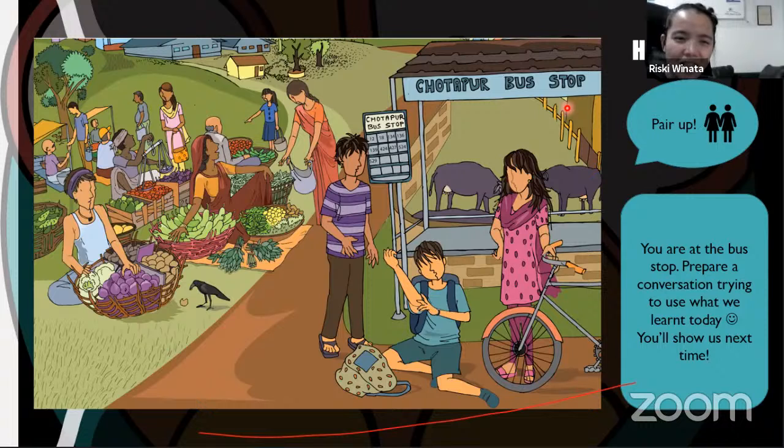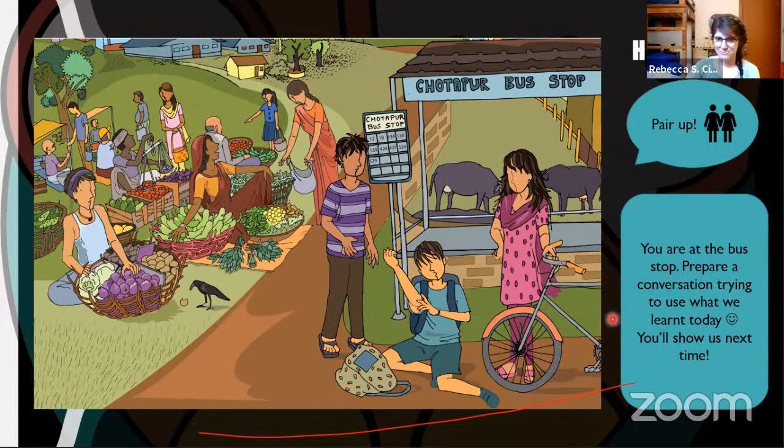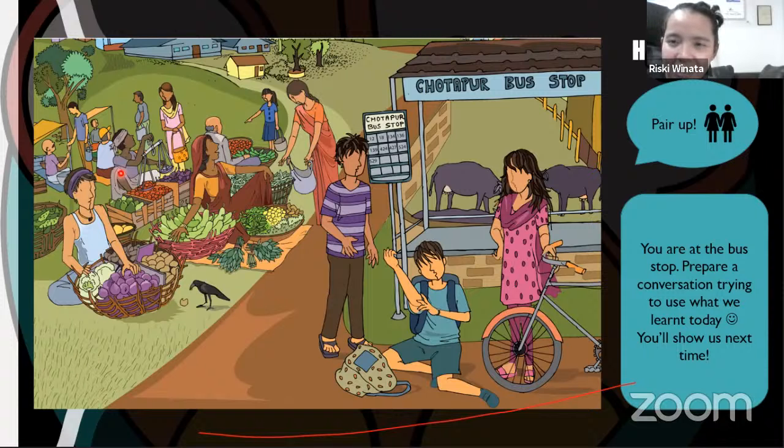Okay then. Do you want to add more things, Miss Becky? No, I think there's plenty of information. I hope you understood at least something from this, but I'm sure the more we practice, the easier it will get. You also can practice alone, Miss Sheila.